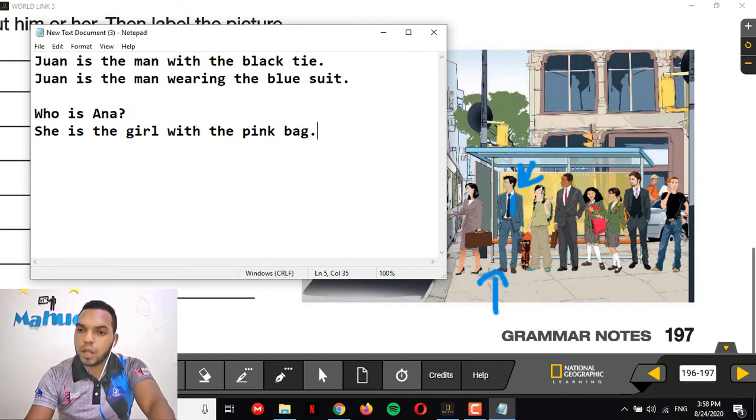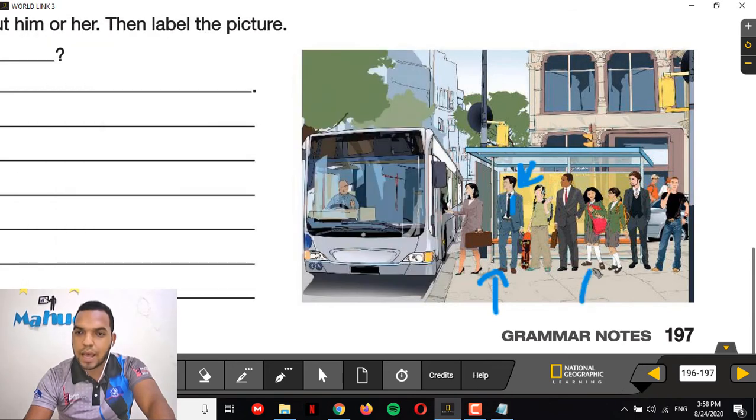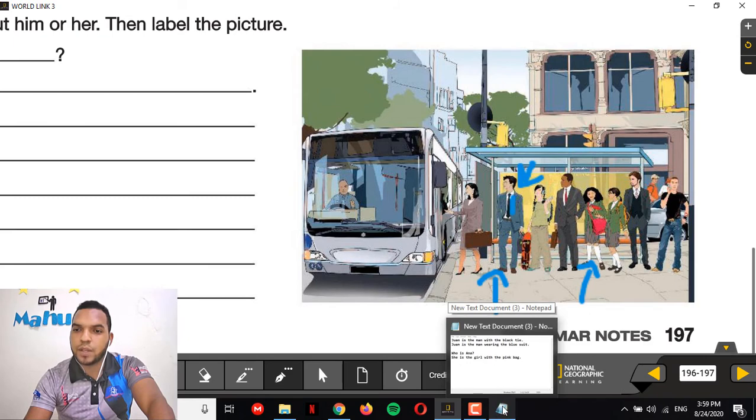So I'm going to look up over here. Where is it? Ta-da, this one. This is Anna, because of the bag that she has over here.